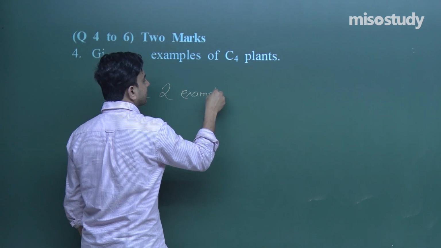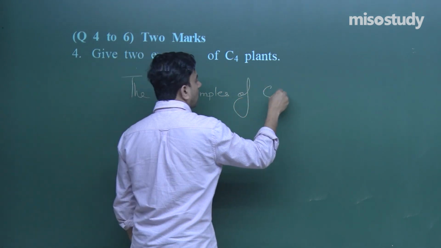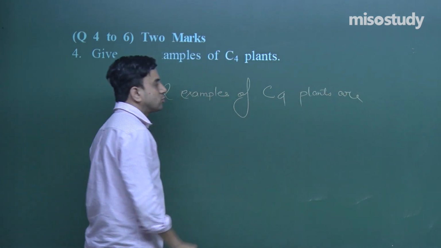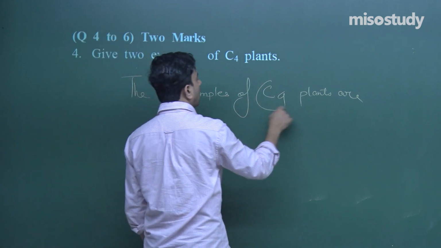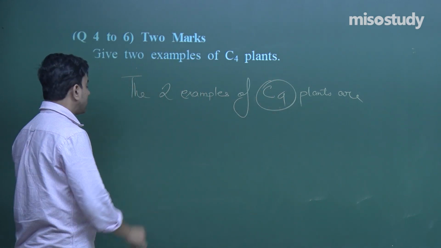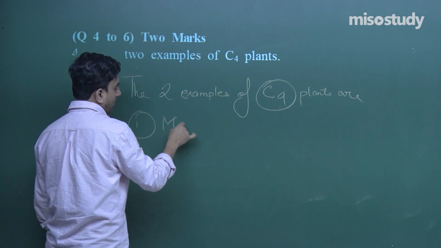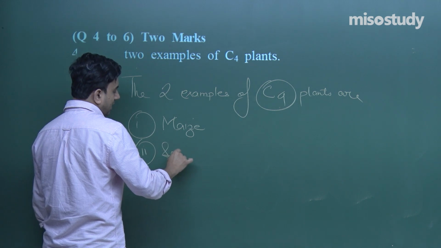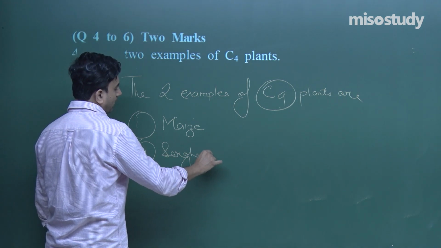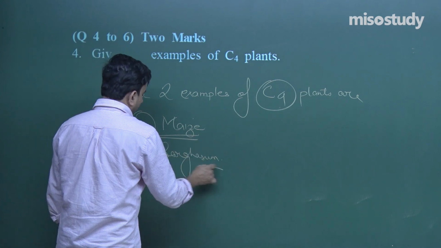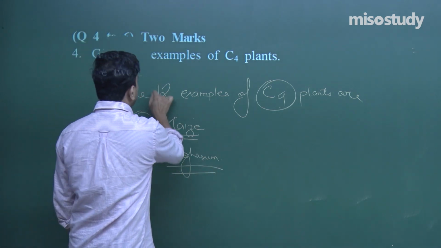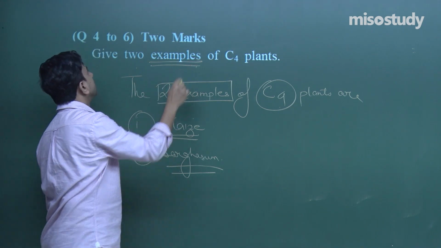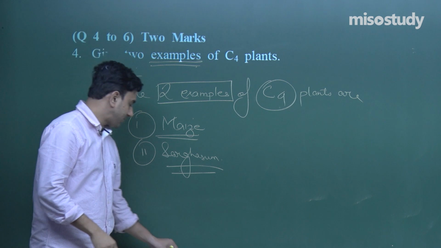The two examples of the C4 plants are maize and sargassum.